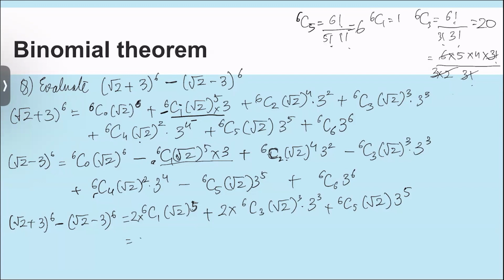So 6C1 is 6, and this is 2 into √2 times √2 raised to 4, which would actually be 4√2. Okay.